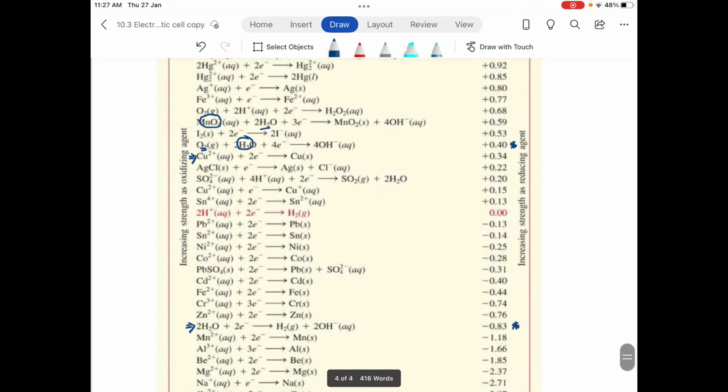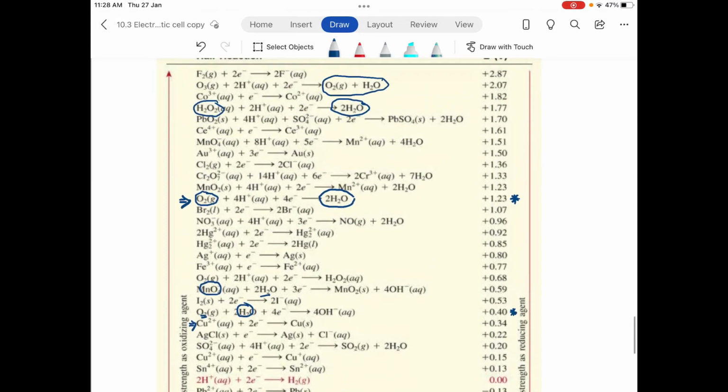Nampak tak? Ni ada SO4 2- tapi dia datang dengan plumbum. So kita tak nak yang ni. So kalau you all go through betul-betul, sebenarnya tak ada SO4 2- yang duduk sebelah kanan. Maksudnya SO4 2- ni dia tak boleh undergoes oxidation. Sebab tu tak ada pun dalam kita punya table ni.